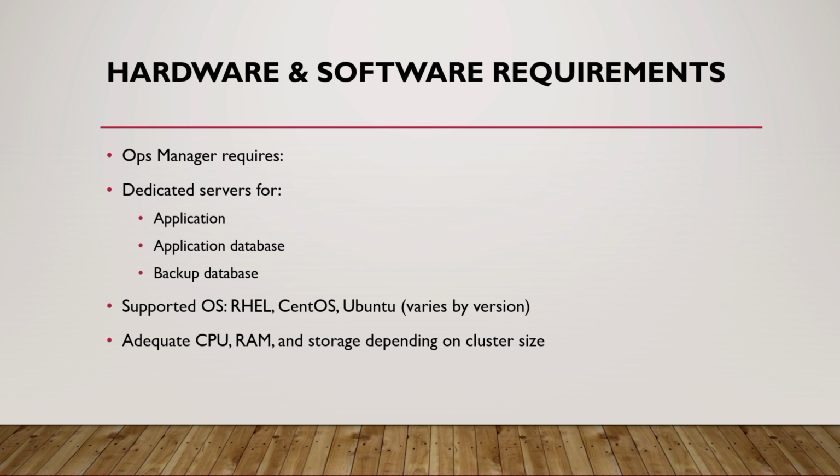The supported OS are RHEL, CentOS and Ubuntu, which varies by version. It means if you are using MongoDB 5.0.3 on RHEL 9, it won't be supported. It varies from version to version. It needs to have adequate CPU, RAM and storage depending on the cluster size.